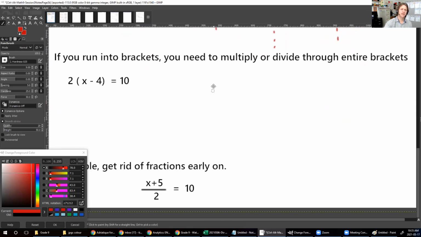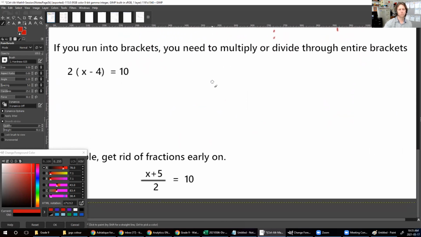Here's something we sort of looked at earlier last week: if you have 2 times something in brackets, you have to multiply them through. So this means that you could have 2 times whatever's in the brackets, or you could have 2 times x and 2 times minus 4.